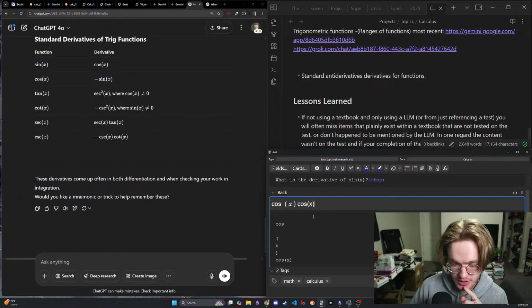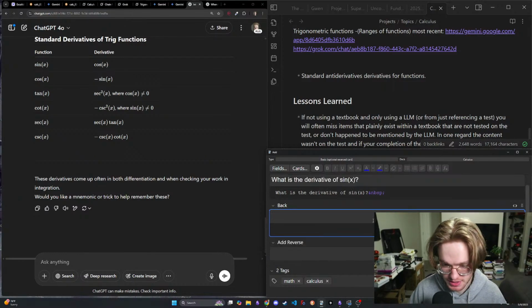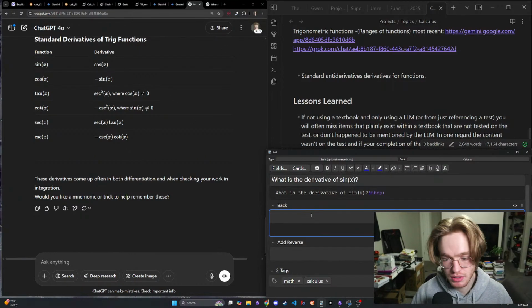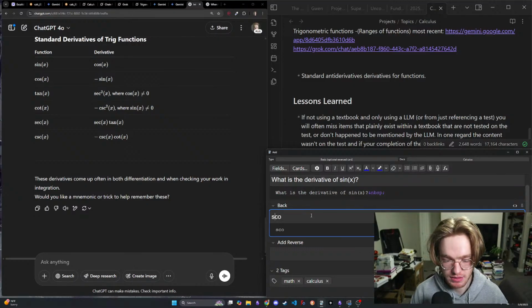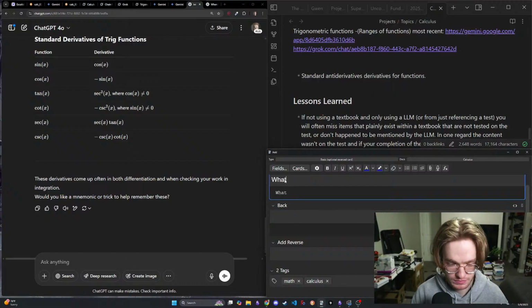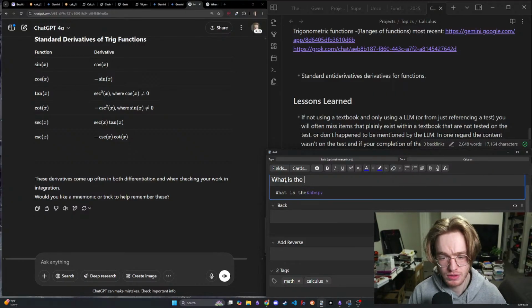I hate the way that does this, like, duplicates it. I'm not sure why. So I think we'll just type these out. It's probably the quickest way to do that. And I think I'll do integrals and derivatives as well. Integral, antiderivative.